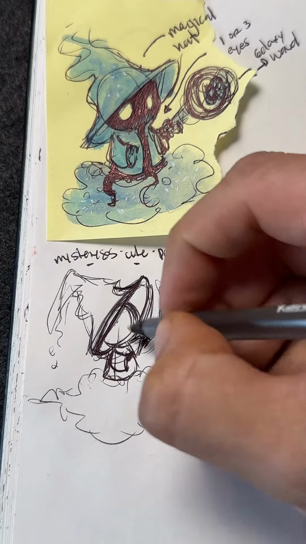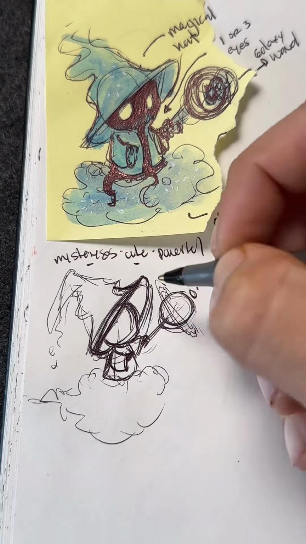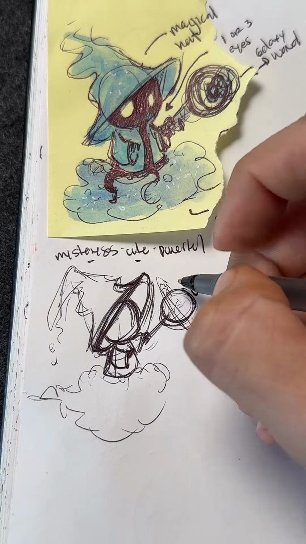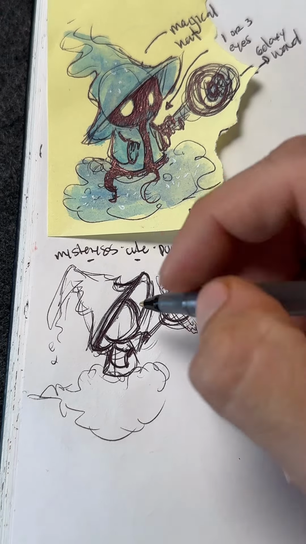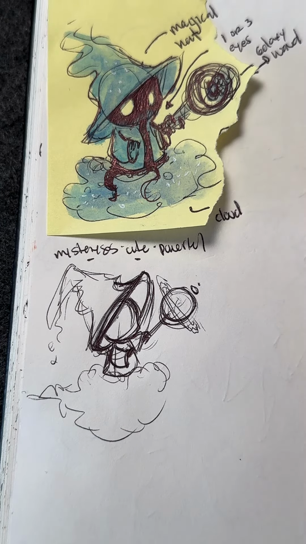Okay, so I do kind of like the idea of the whole alien concept being from one or three eyes, but, hear me out here. What if he's not necessarily an alien?